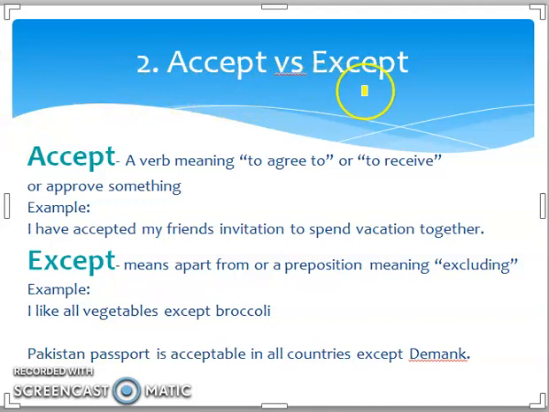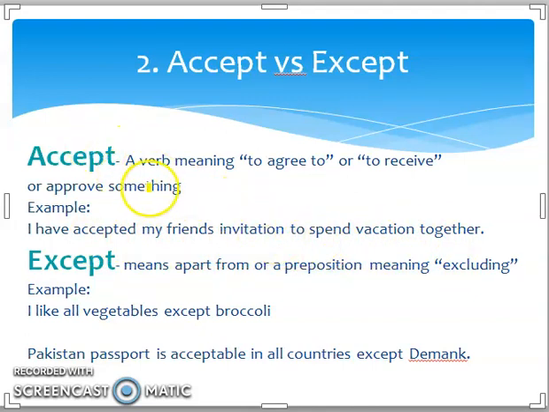Accept versus except. Well, the pronunciation is the same, the spelling differs as well as the meaning differs. The first word, accept, a verb meaning to agree or to receive, or approving something. Example, I have accepted my friend's invitation to spend vacation together.